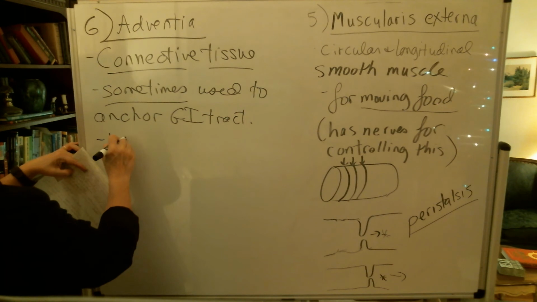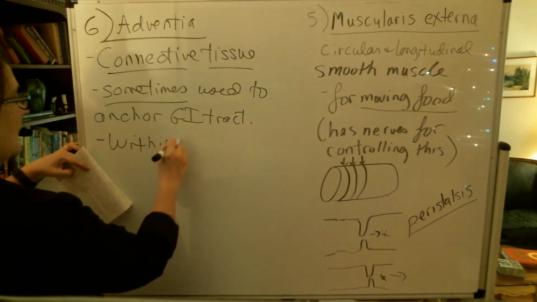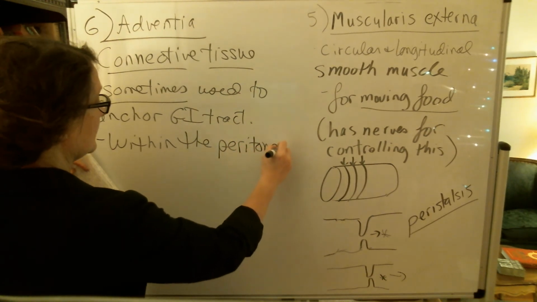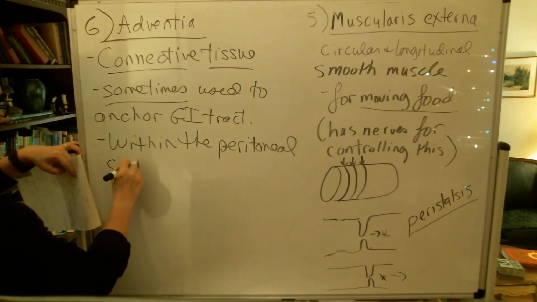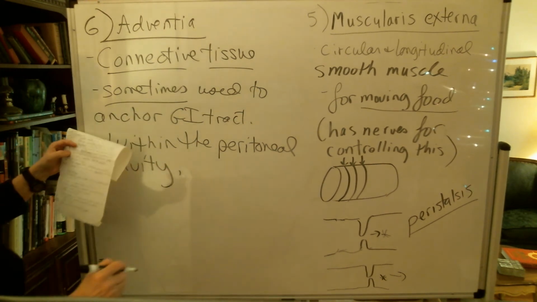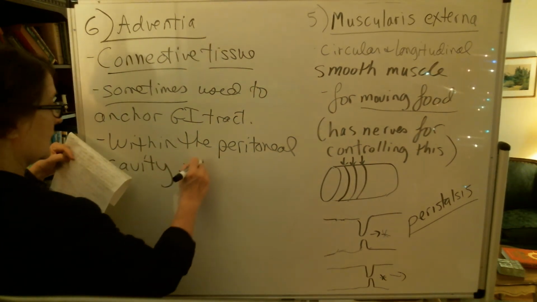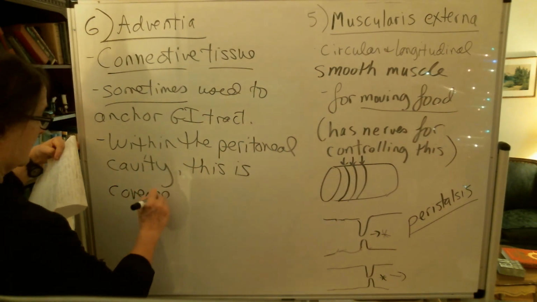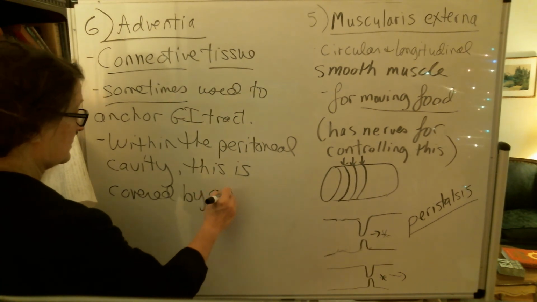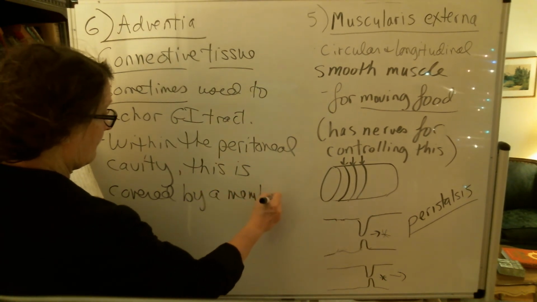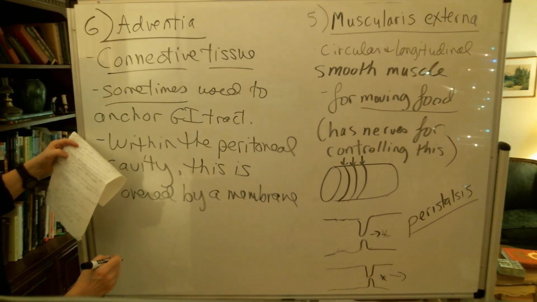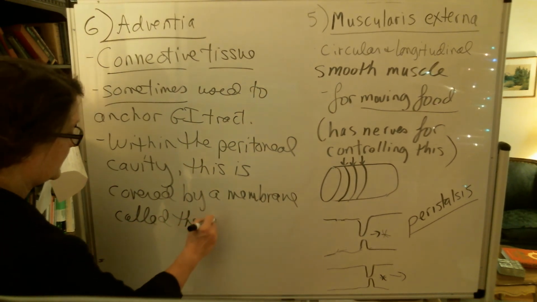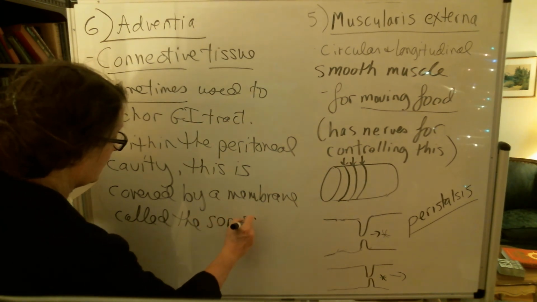And then within the peritoneal cavity, that is to say the abdominal cavity, this is covered by a membrane called the serosa.